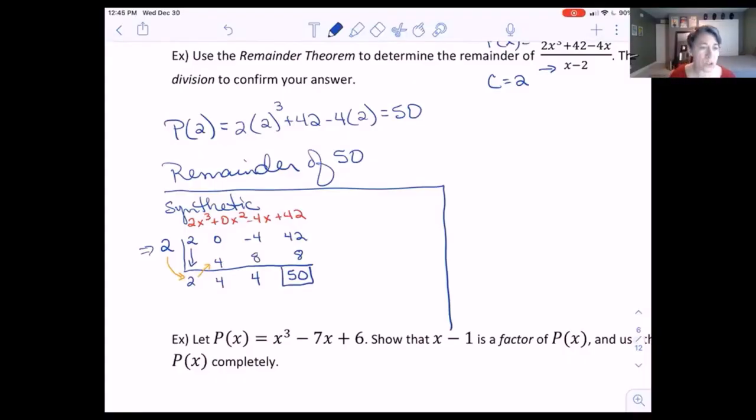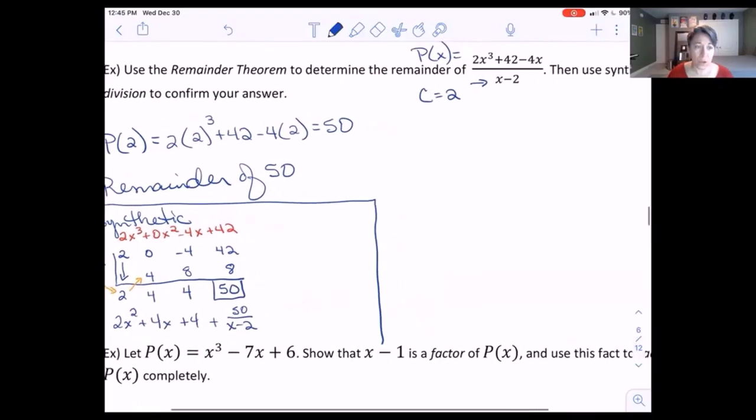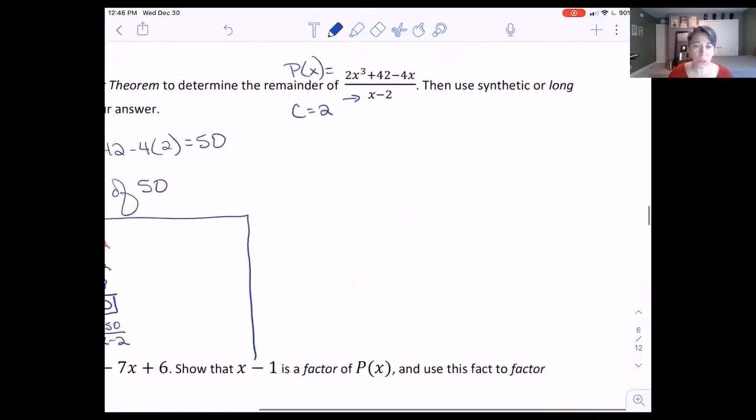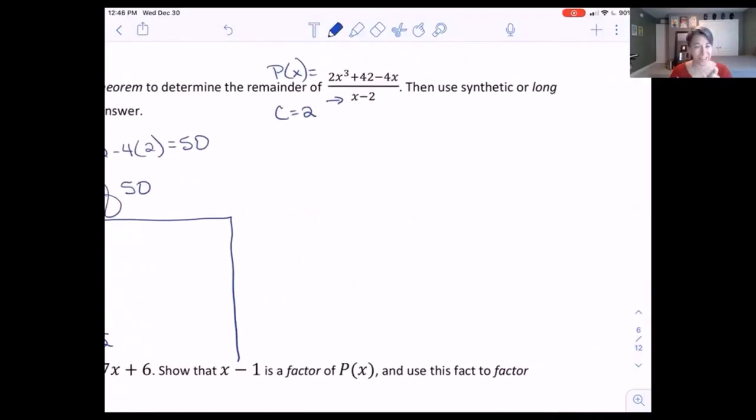Since we started with a 2x cubed, we're left with a 2x squared, 1 degree down, plus a 4x, plus a 4, with a remainder of 50 over our divisor, which was x minus 2. So that's synthetic division. Although synthetic division again only works when we divide by a binomial of the form single x plus or minus a number, long division works for everything.